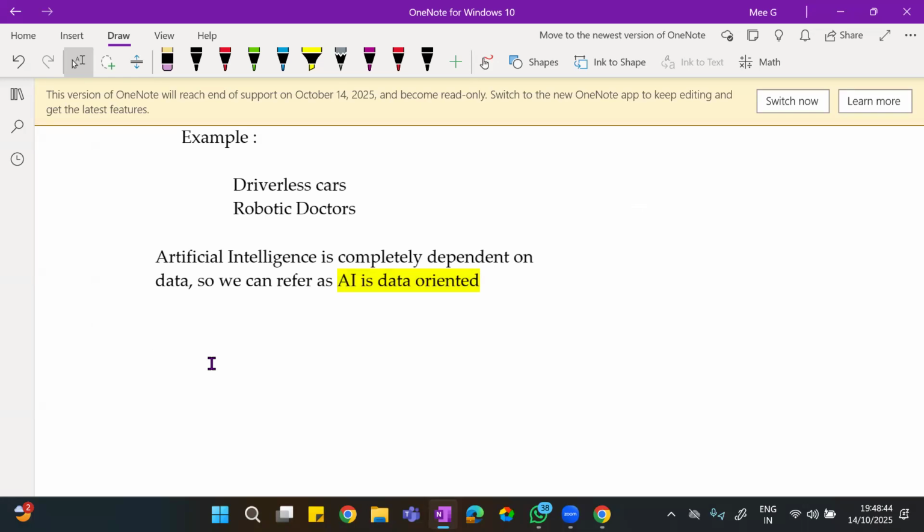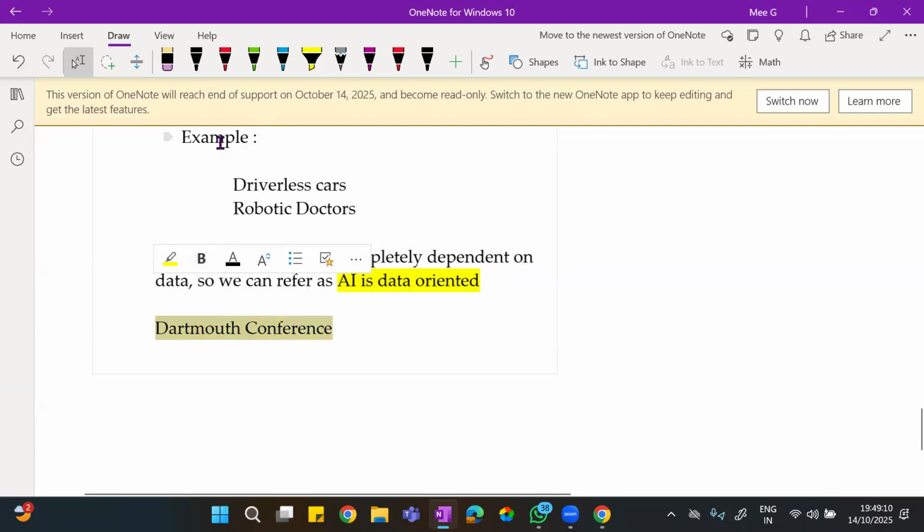Now, artificial intelligence, when did it come into existence? There was a conference called the Dartmouth conference.